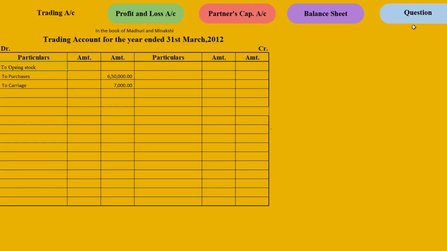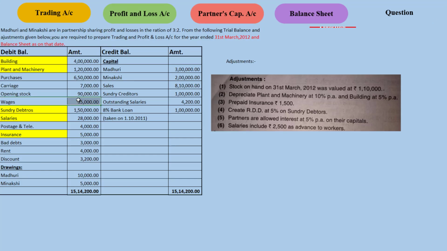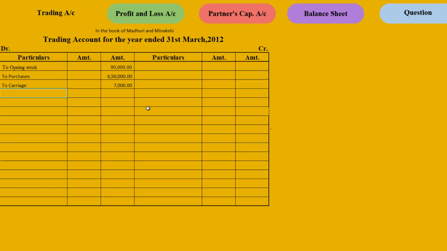Opening stock amount is 90,000. Wages, again trading account debit side. Recorded in the outer column because there is no adjustment.